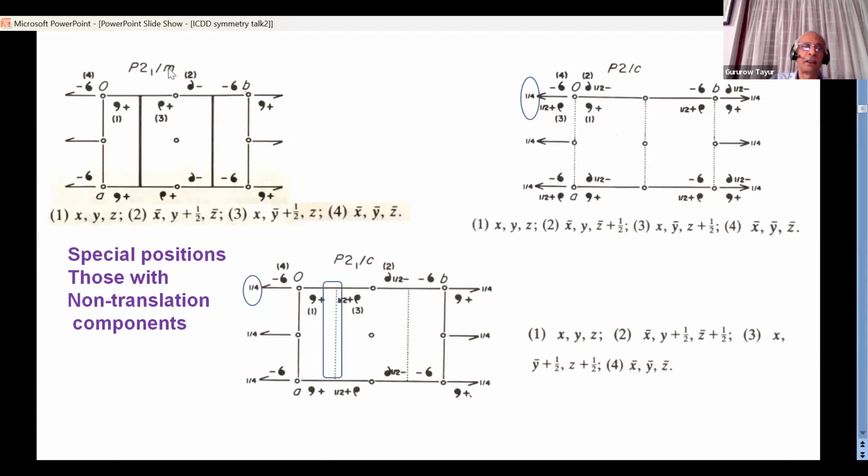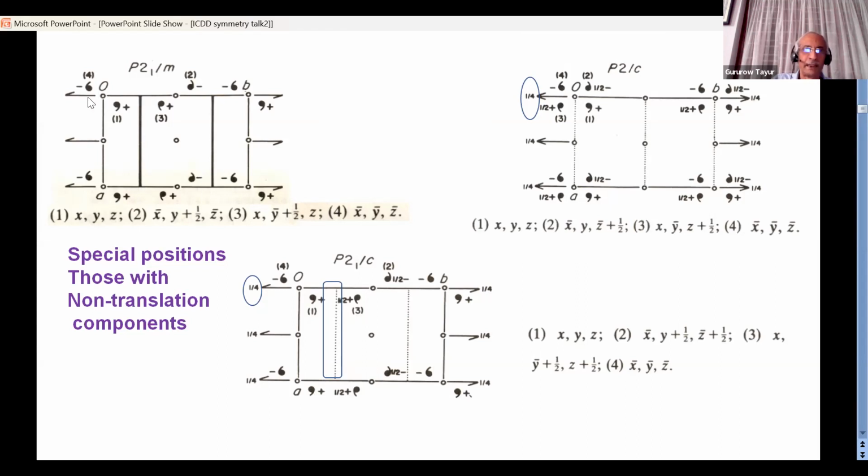If there is an object associated with the mirror symmetry, that is the non-translational component. If there is any object that comes associated with 1/4 along this direction, with 0, 0, 0 now shifted to the origin, whenever we have a center of symmetry, we make it the origin by convention. So the mirror now shifts by 1/4.